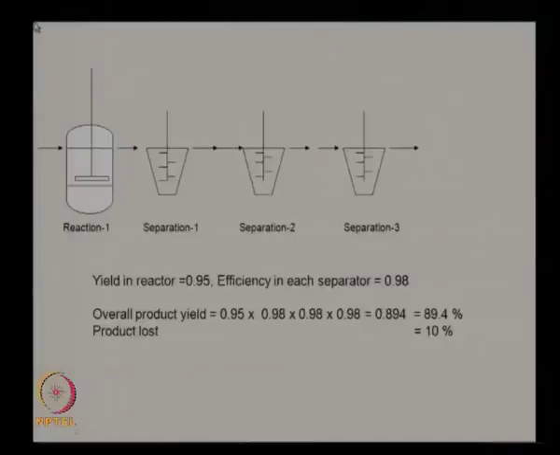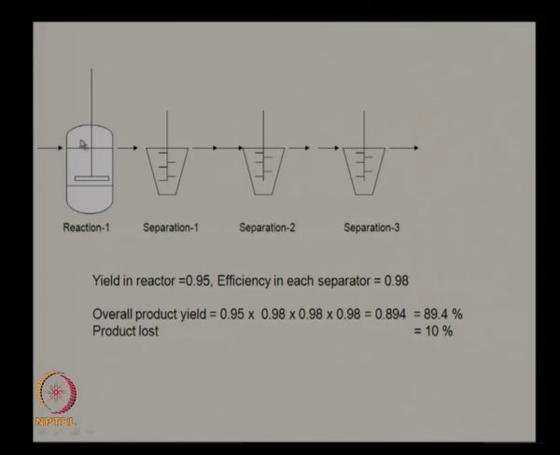So you are always going to have a little bit of loss. If the yield in the reactor is 95% and the efficiency of separation in each of these separators is 0.98, 0.98, 0.98, then for the overall product yield I multiply 0.95 by 0.98 three times. If I multiply all these terms together, I get 0.895, that means about 89.5%. So about 10% of the product is lost when I move from here to here.